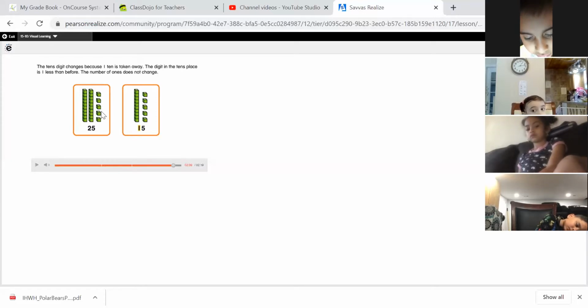There are 25. When you take 10 away, you take one whole cube train away. Look at this picture right here. It doesn't have 2 cube trains. It only has 1 because we took 1 away. And when we took 10 away from 25, we were left with 15.